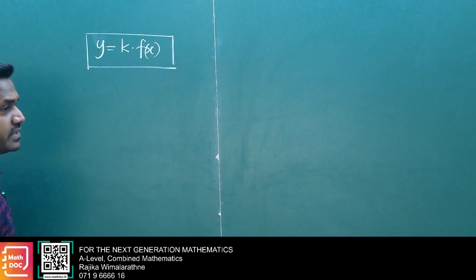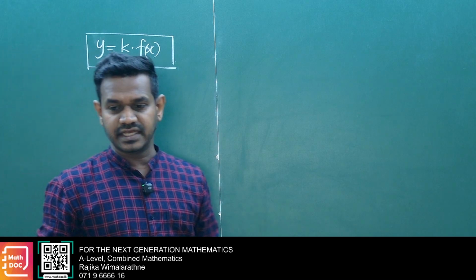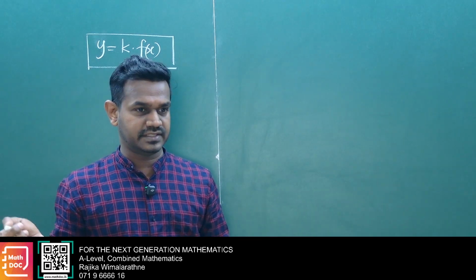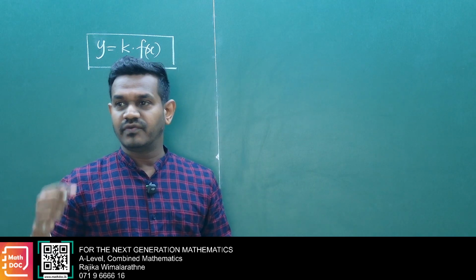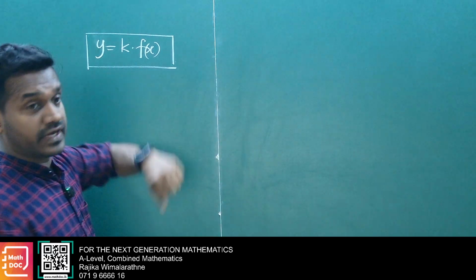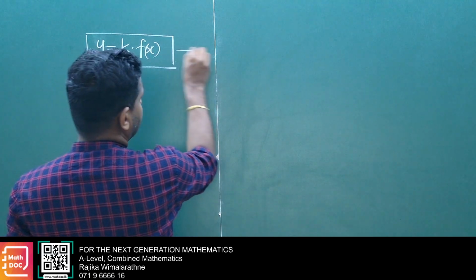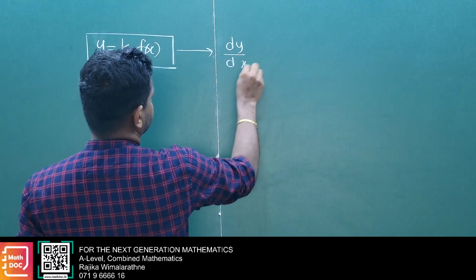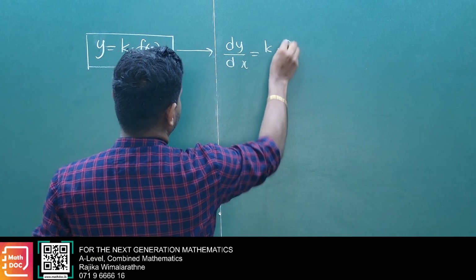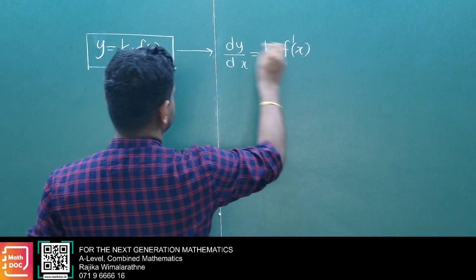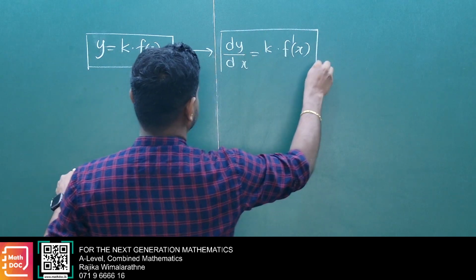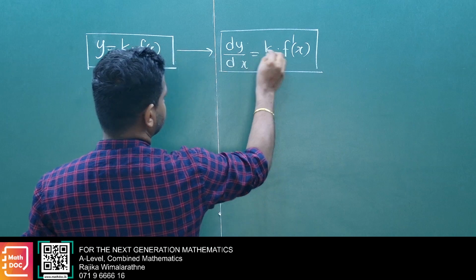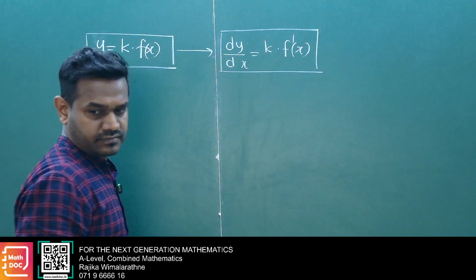It's like y equals sin x is just a function, y equals 2 sin x, y equals 3 sin x, y equals half sin x, those are composite functions. Here, constant times function. The derivative technique: dy by dx equals constant times derivative, k f dash x.